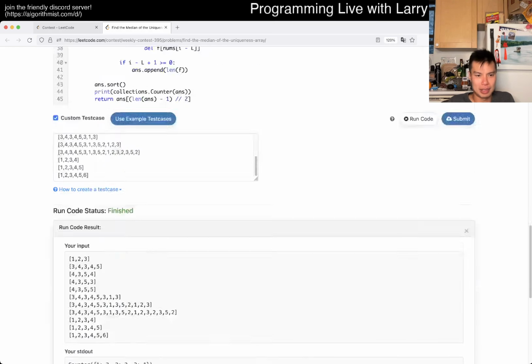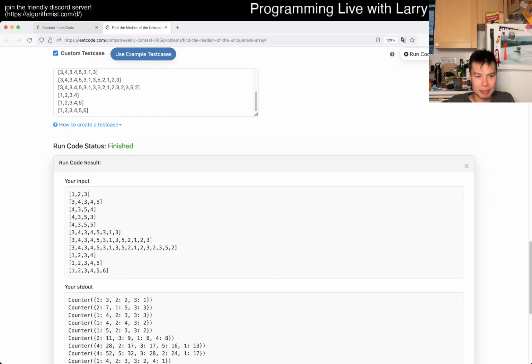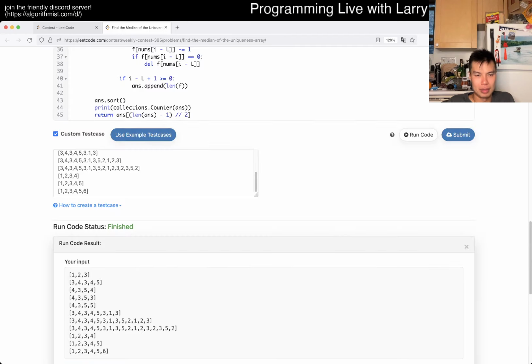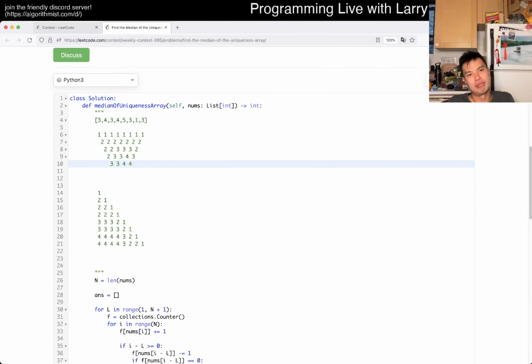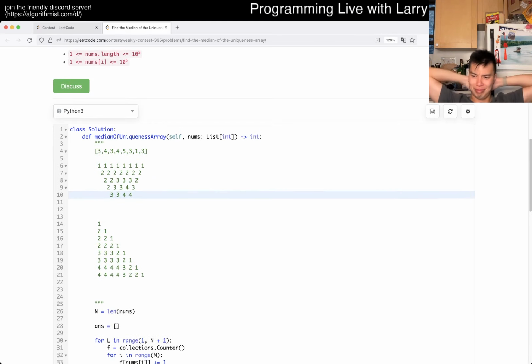Let's answer with this one again. This one, which is 2. What is the binary search? I'm trying to think.